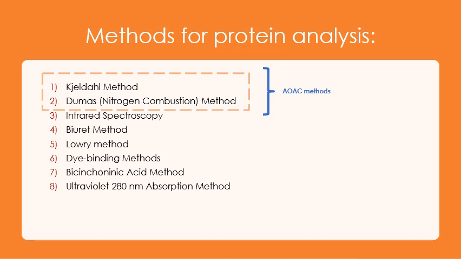For the Biuret, Lowry, dye binding methods, the bicinchoninic acid assay and ultraviolet at 280 nanometers, you are actually measuring the absorbance of the protein that binds to either dye or copper, or the aromatic side chains of the amino acids that absorb ultraviolet at the 280 nanometer wavelength.